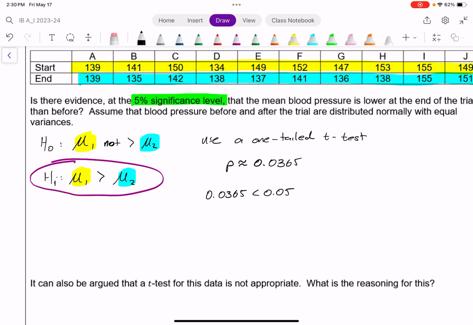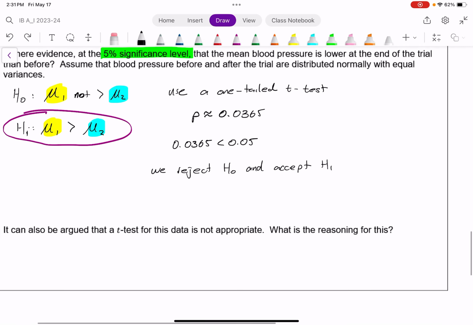That means I can say we reject H naught and accept H1, which means that there seems to be evidence that the drug does reduce blood pressure.